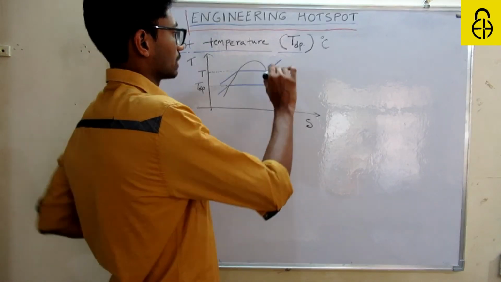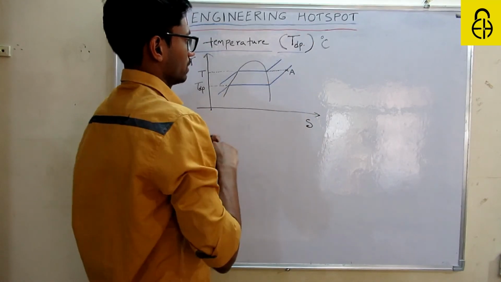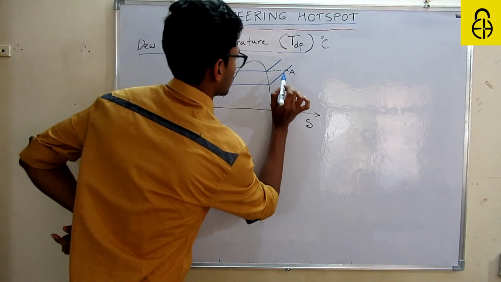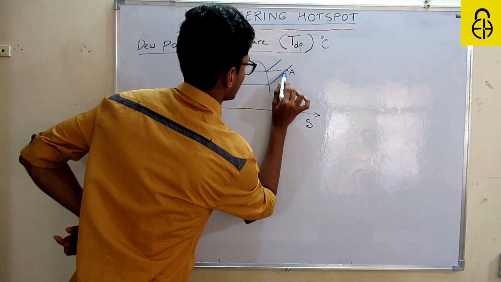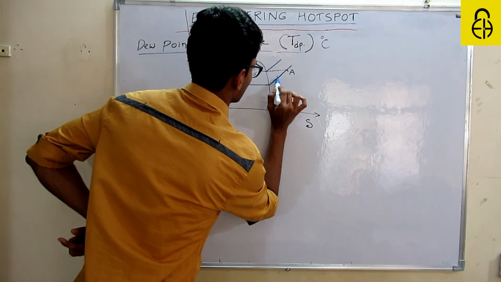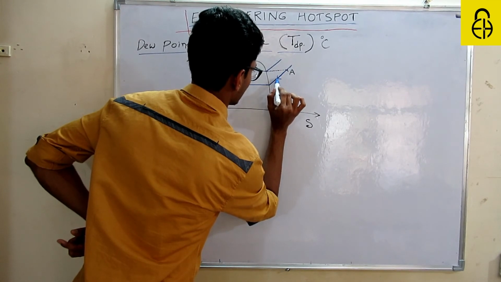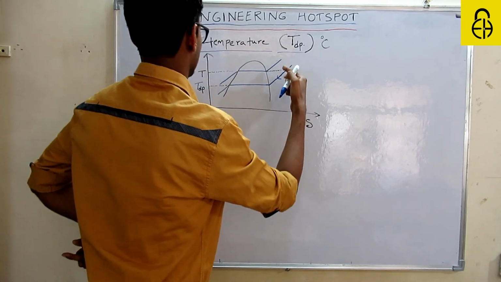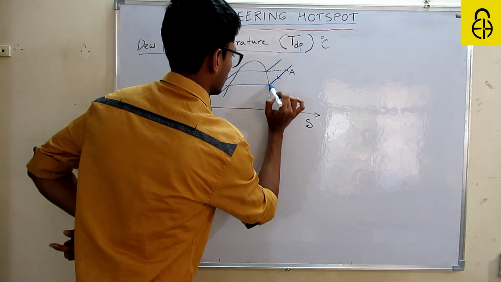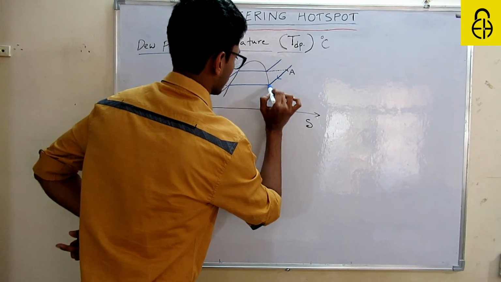So suppose I have a sample at this point. Now I start cooling it at constant pressure. This is a constant pressure line, all of you know, I suppose. Cooling it means decreasing the temperature. The temperature goes down, so eventually it reaches this point.